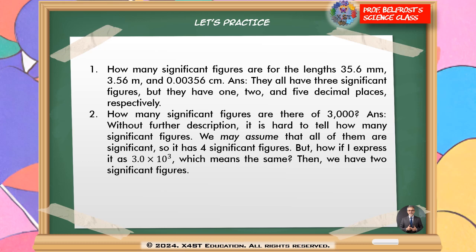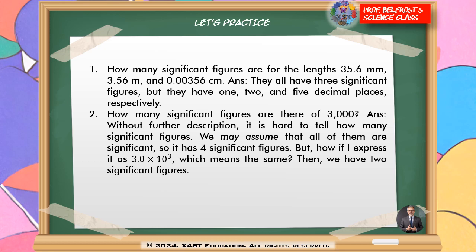I forgot to tell you, my material is not very compact. I didn't show you this previously. So you see that in 0.00356, the zeros here, though they are shown, are not significant figures.